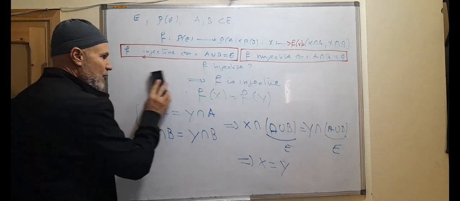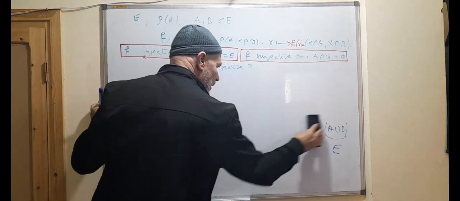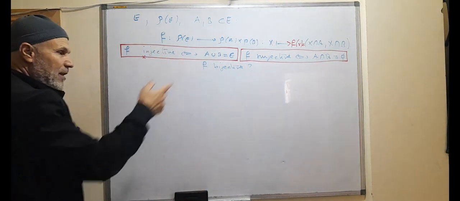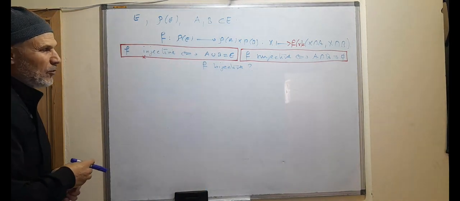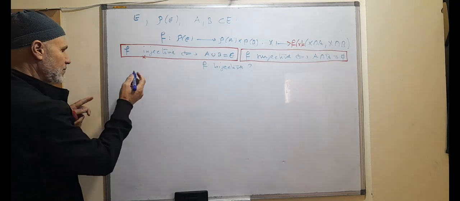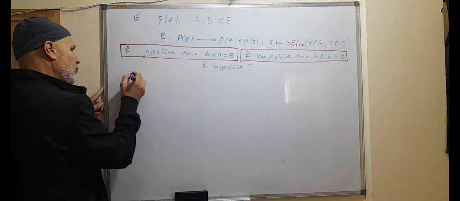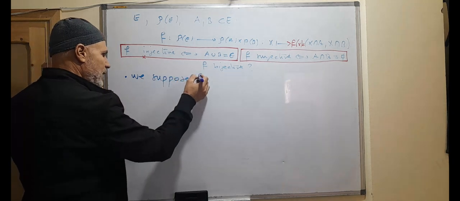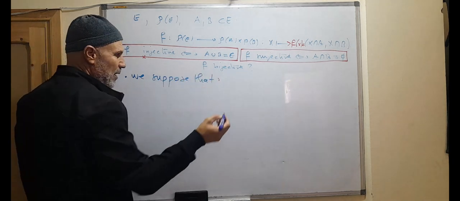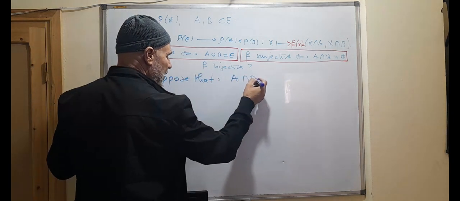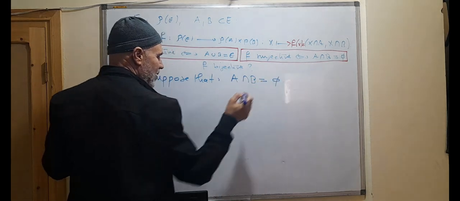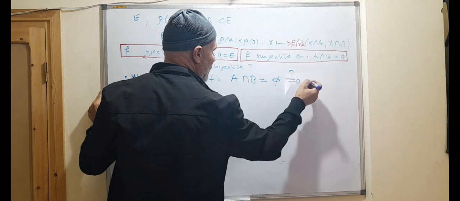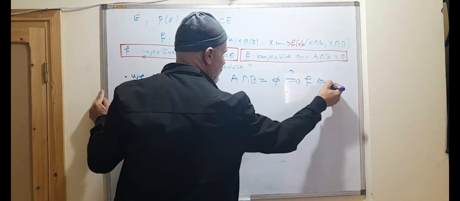About the second question, F is surjective if and only if the intersection is equal to phi. We suppose that A intersection B is equal to the empty set, and we prove that F is surjective.